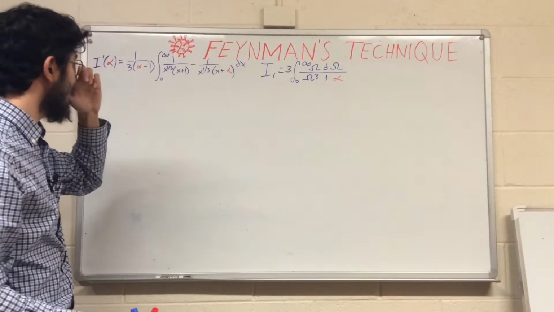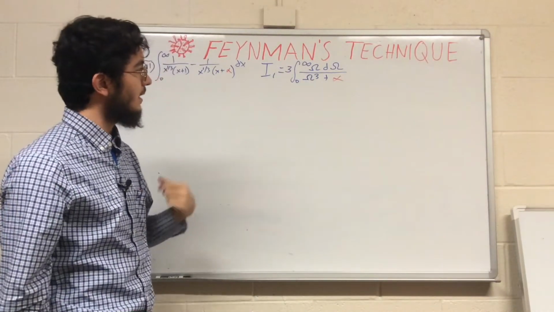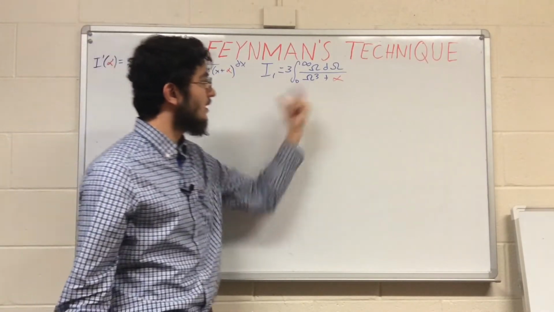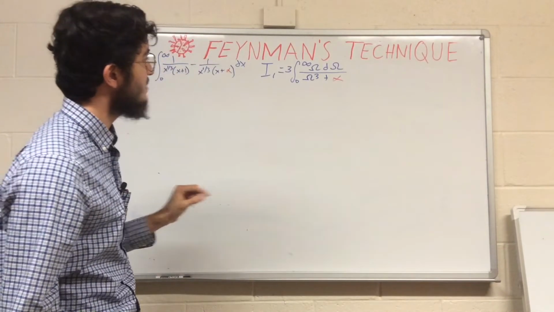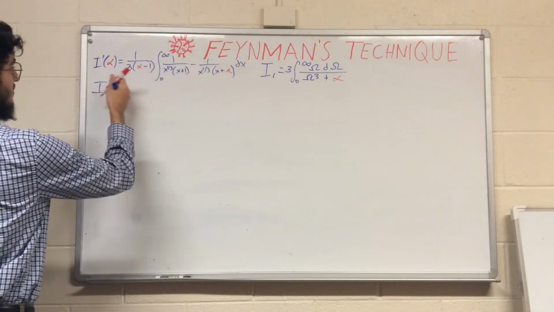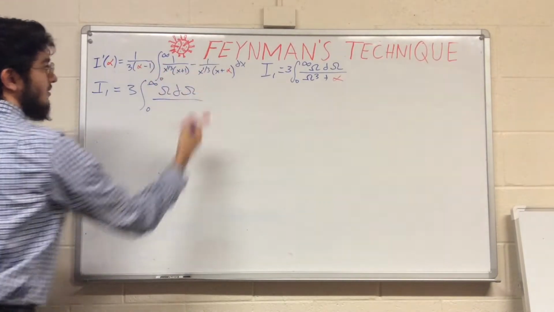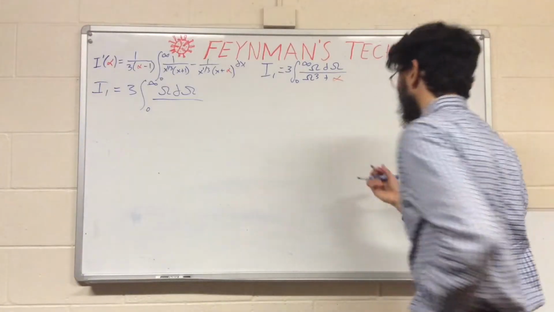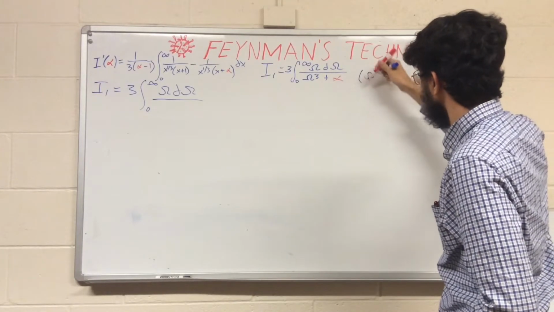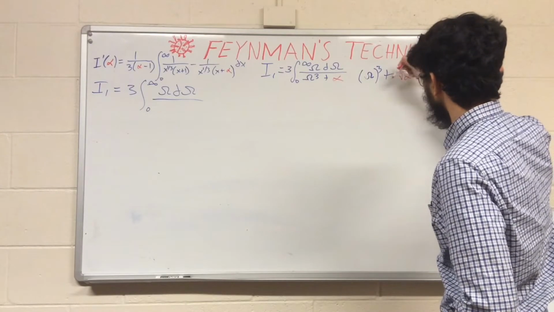So then from here, we have that I1 is equal to 3 times the integral from 0 to infinity of omega d omega divided by omega cubed plus alpha. And so this can be trivially solved by expanding the bottom as a factor of the sum of 2 cubes. Okay, so I1 is equal to 3 times the integral from 0 to infinity of omega d omega, and then divided by the factorization of the sum of 2 cubes. And if you remember over here, we have, of course, omega is going to be cubed, and then the cube root of alpha is going to be cubed.